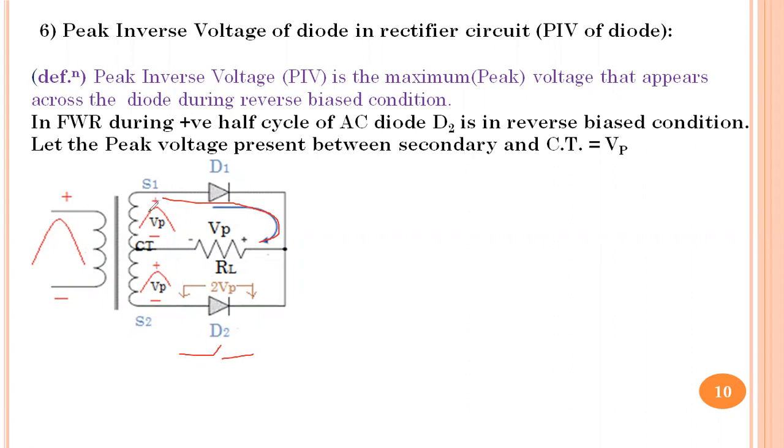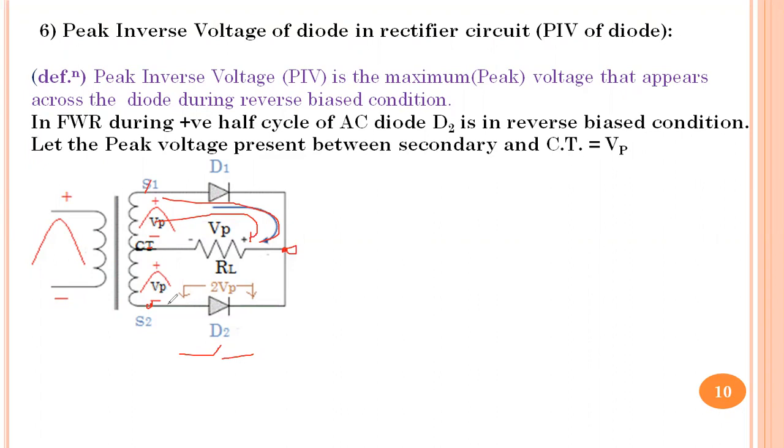Our aim here is to calculate the voltage across D2. See here, the peak voltage present between S1 and CT will be transferred to the load. This V peak will be brought to the load. Now, between these 2 points, this is one point, this is the second point S2. We have the diode cathode at positive, anode at negative. Across this, there are two voltage sources, Vp across the load plus Vp across the lower winding between CT and S2.